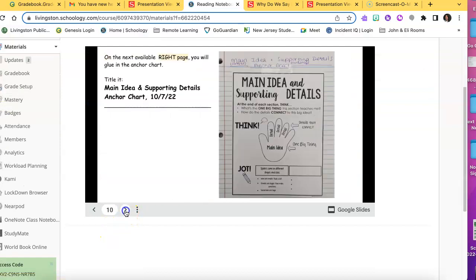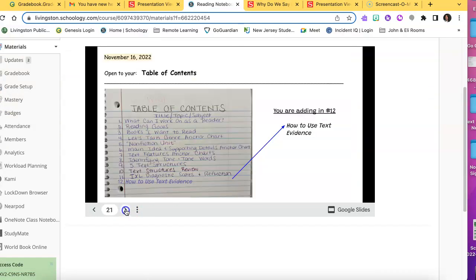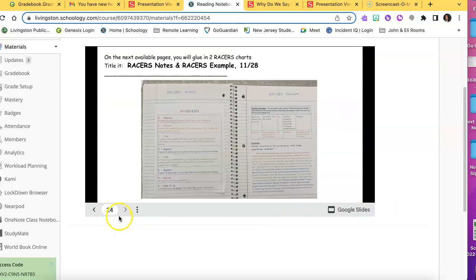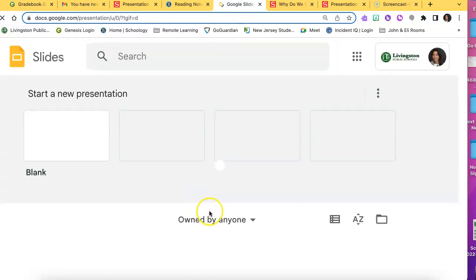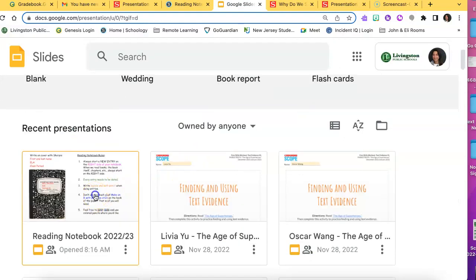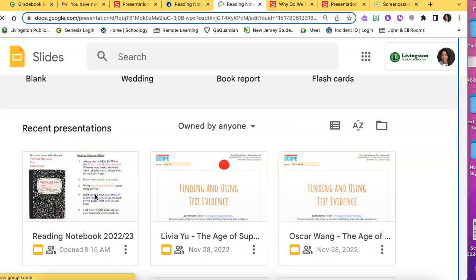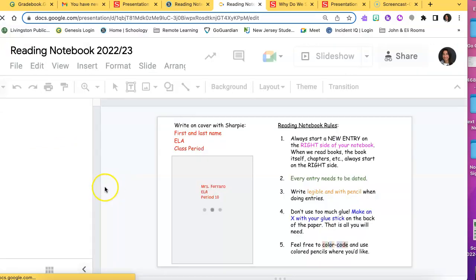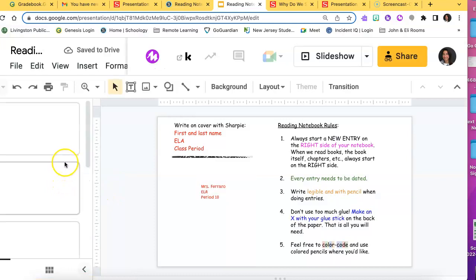So you have to click all the way through. Okay. And then I'm just going to open mine up, make them larger so that you can see better on this recording. But like I said, you can also follow along in your reading notebook.